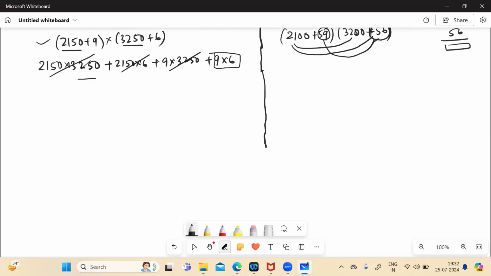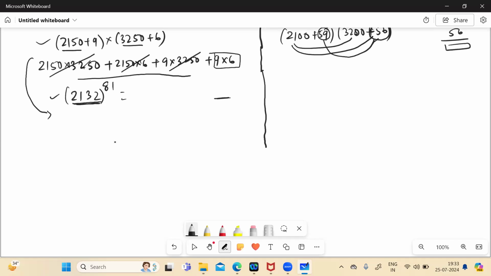So now let's say a number ends with 2, like somebody is asking 2132 to the power 81, what will be the unit digit of this? What we can conclude from the previous concept is that this particular number is being multiplied by itself 81 times.